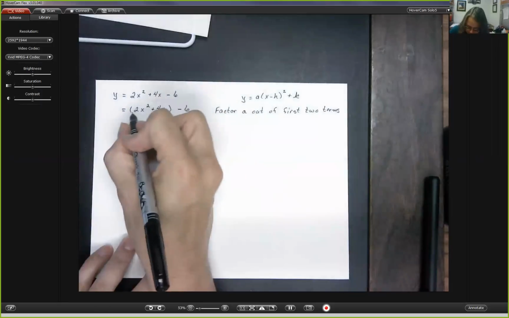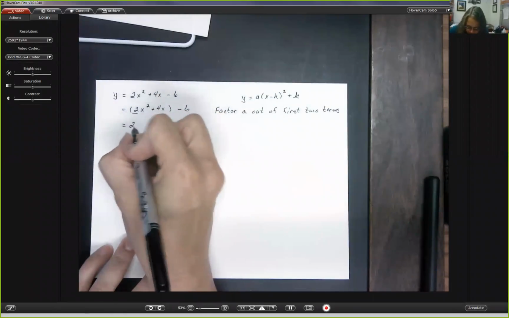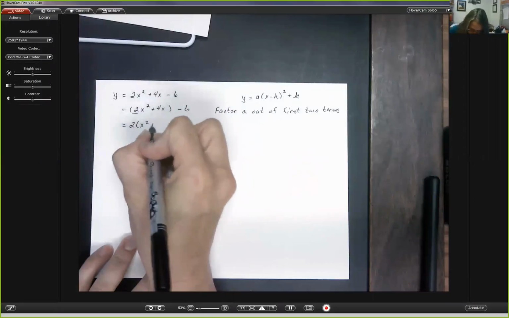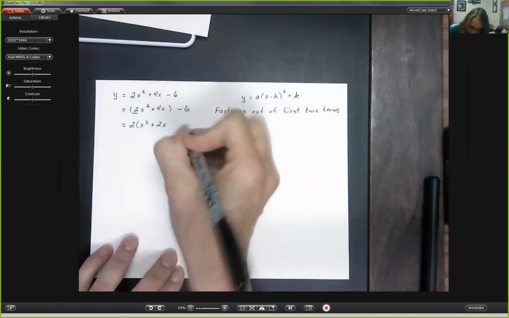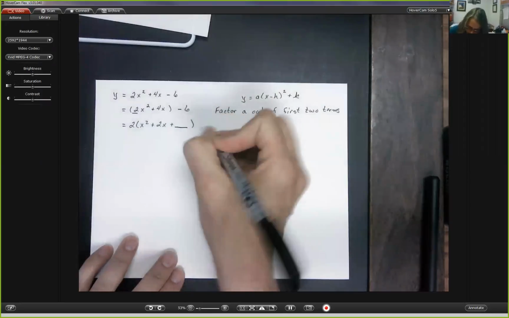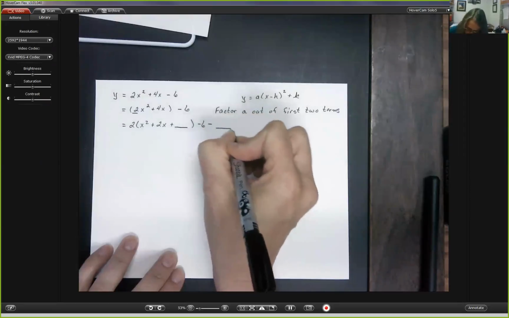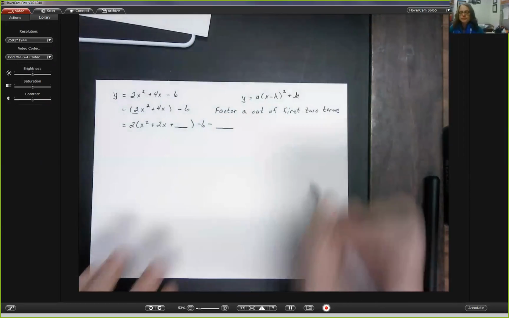In this case, I have a 2. So I'm going to pull that 2 out. And this time when I write my parentheses, I'm going to leave a spot to add something. And I'm going to leave a spot to subtract something.